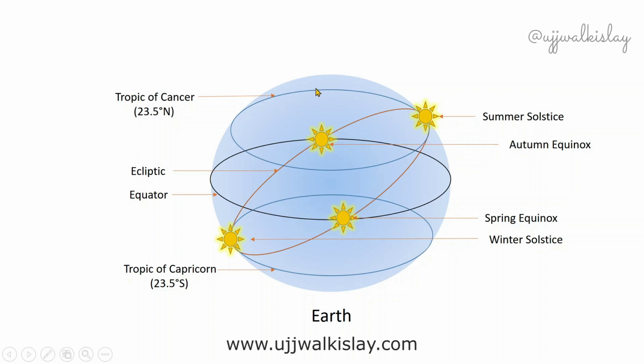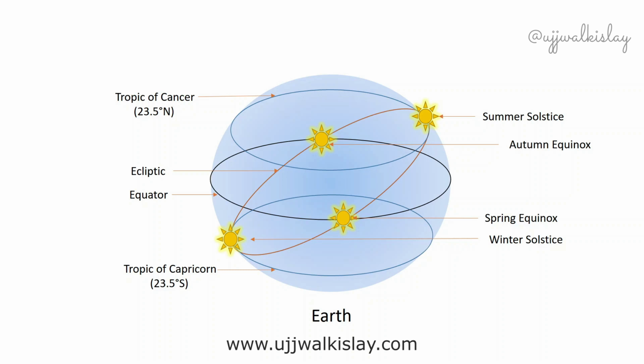Now, if we carefully observe this diagram, you will see that the ecliptic intersects the equator at 2 points. These 2 points are what we refer to as the equinox. Over the course of the year, when the Sun reaches the point where the ecliptic intersects the equator, we have the equinox.